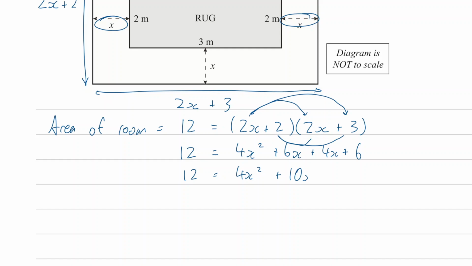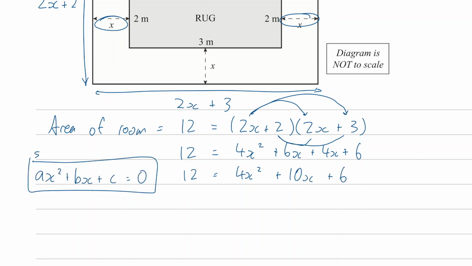So standard form, just a reminder, looks something like this. Standard form, where all of the x terms and the constants are on one side, and that is equal to 0. So have a look at our equation so far. How can we make that into standard form?